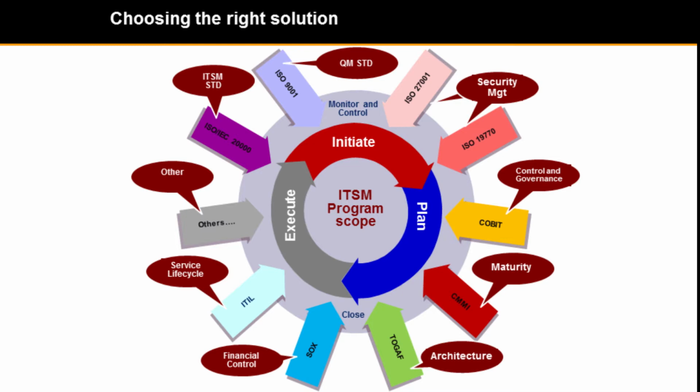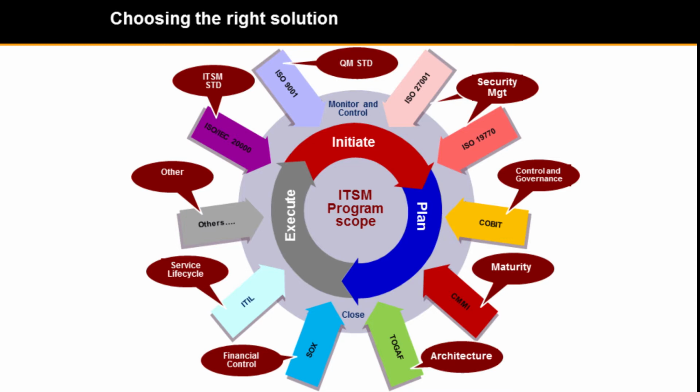TOGAF by itself, or enterprise architecture by itself, is not going to be able to do the work. It has to be supported and or enabled by potentially a number of other best practices, depending on the goals and objectives of the organization. If you want to define IT service management processes, you will need something like ITIL.